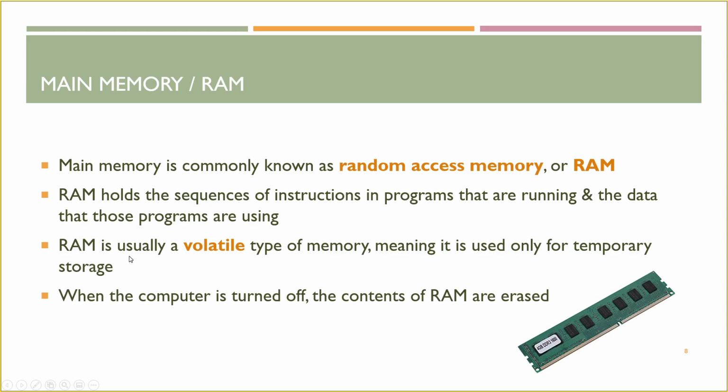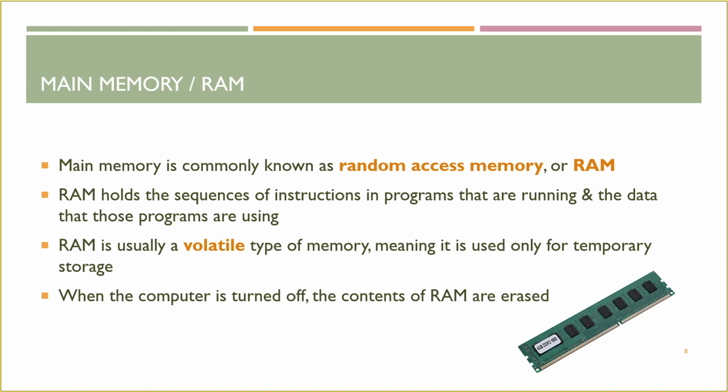Now, RAM is a type of memory that we call volatile, which means that it's only used for temporary storage. With volatile memory, if I were to turn my computer off, all of my volatile memory would be erased. If you had 10 games running on your computer and you pulled the plug, all of the instructions and data from those games that were stored in RAM would be erased because it's volatile.